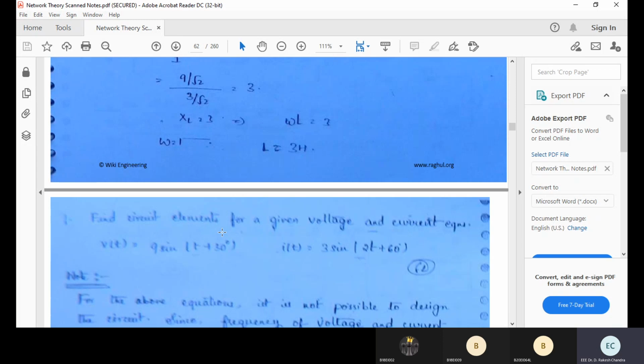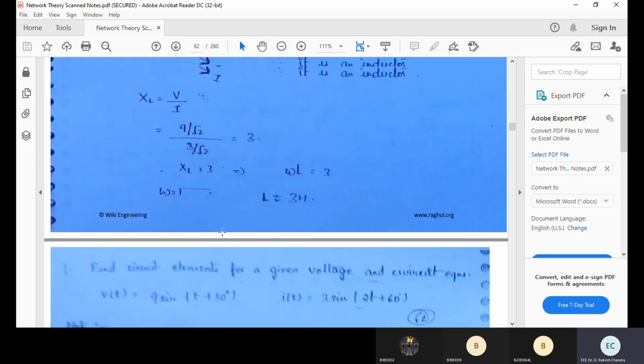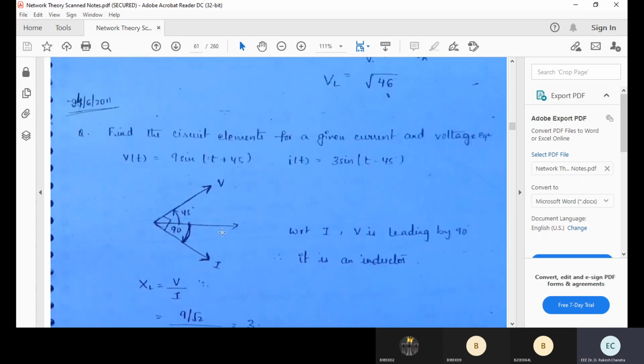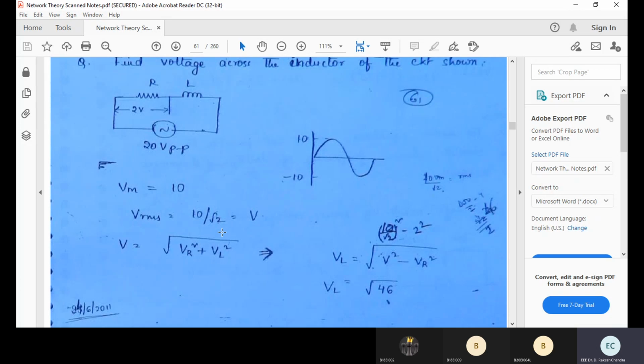Z is R plus jXL. What is your theta? Theta is equal to tan inverse of XL by R. In the case of an RL circuit, your current lags the voltage, so it has a lagging power factor. Power factor is nothing but cos theta, the cosine of the angle between voltage and current. Your cos theta can be defined as R by Z.